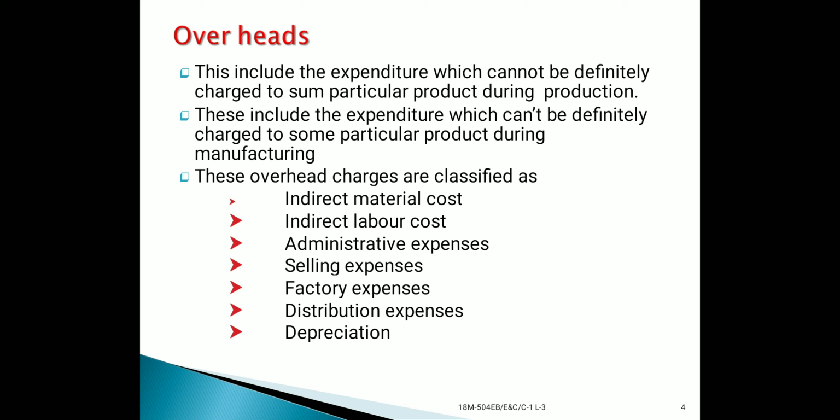That is known as indirect material cost. What do you mean by indirect labor cost? During the manufacturing, other persons are also required to help, like watchmen and foremen. We call that indirect labor cost.